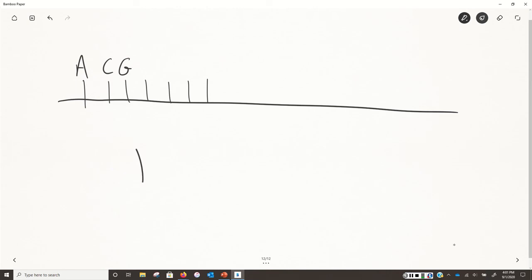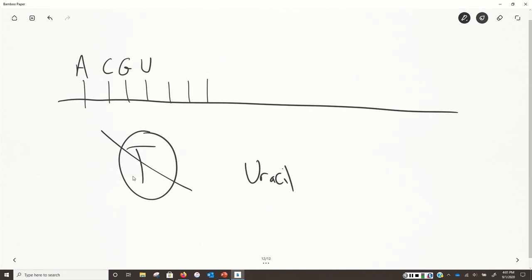But there is no T, there is no thymine in RNA. Instead, there is a different nucleotide called uracil, abbreviated U. So RNA still has adenine, still has cytosine, still has guanine, but instead of thymine, it has uracil. And it does not have the second side. It is only single-stranded.